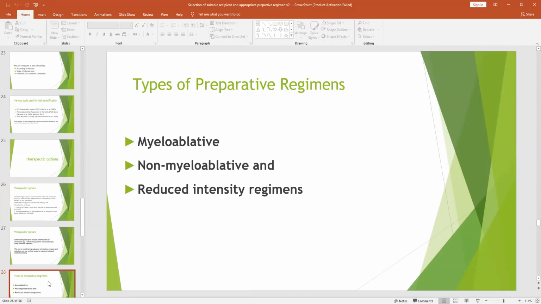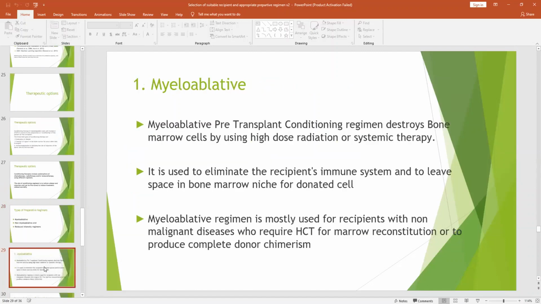And then types of the preparatory regime: myeloablative, non-myeloablative, and the reduced intensity regime. Myeloablative pre-transplant conditioning regimens destroy bone marrow cells by using high dose radiation or systemic therapy.